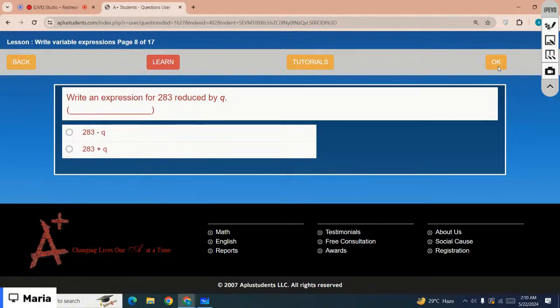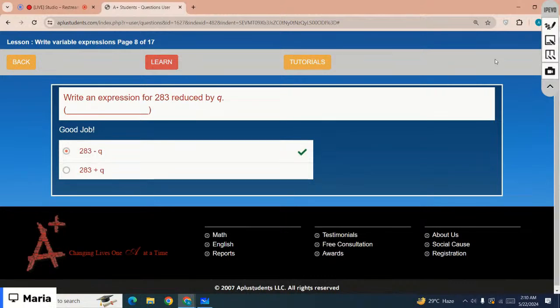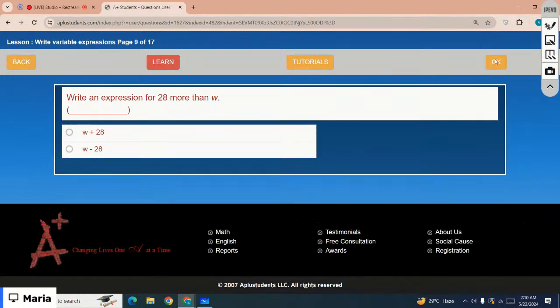Yes, that is 283 minus q. Option number 1 is the correct option. Write an expression for 28 more than w, which is the correct option.